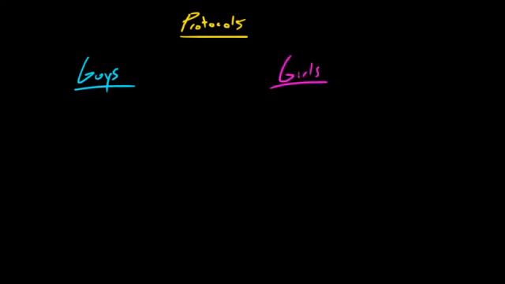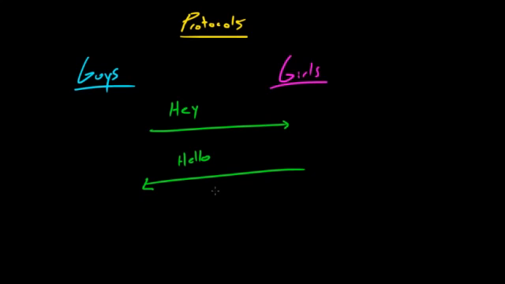girls on the right. So let me go ahead and use, what's a good color? Green. Here we go. So this is a typical exchange whenever you want to, let's say, get a girl's number. The guy says something like, hey, says it to the girl, and the girl responds with hello, says it back to the guy, and then the guy, of course, will say, can I get your number?